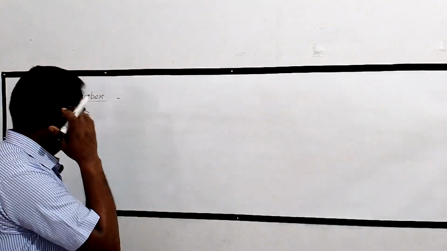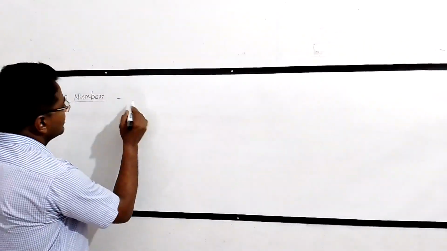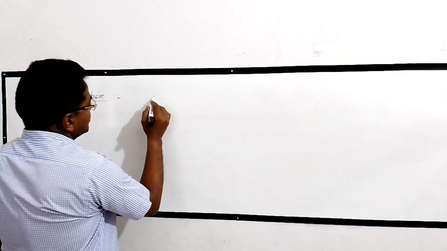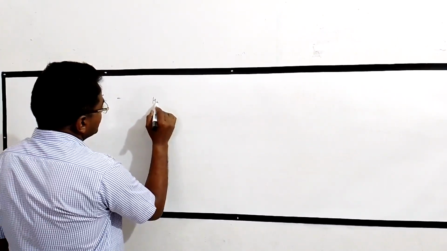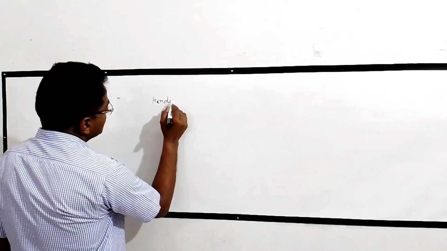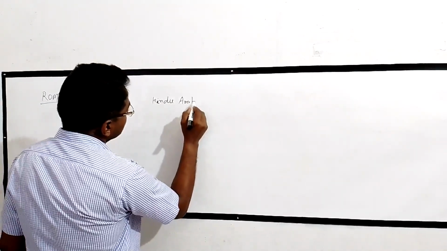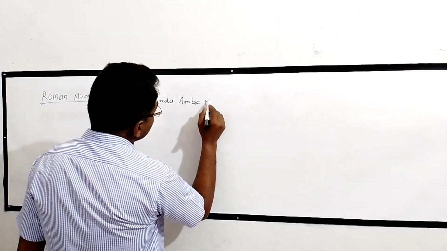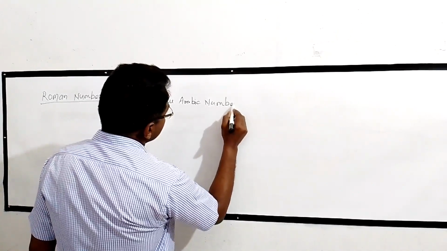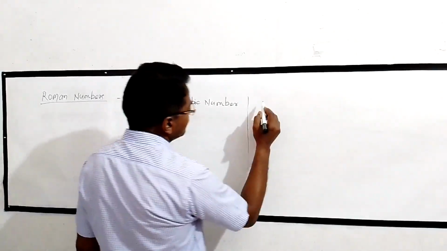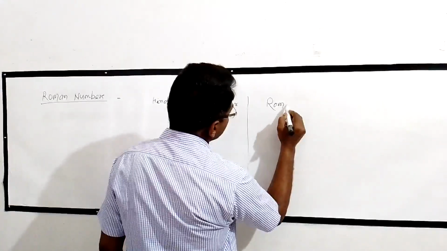So if you want to write it down, write here the Hindu Arabic number, and write here the Roman number.